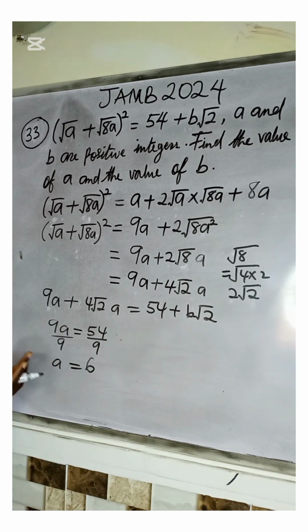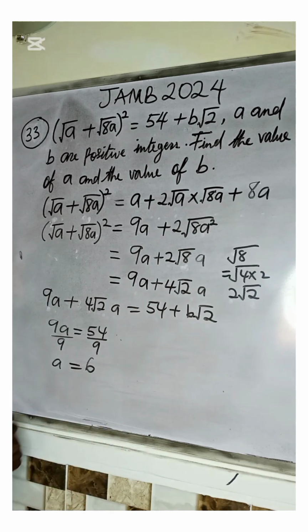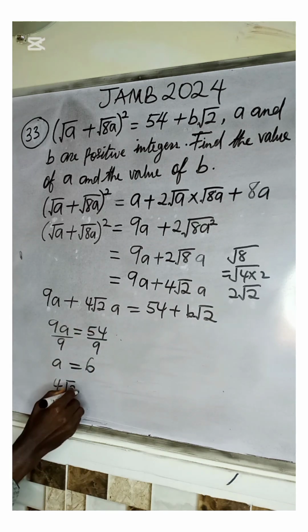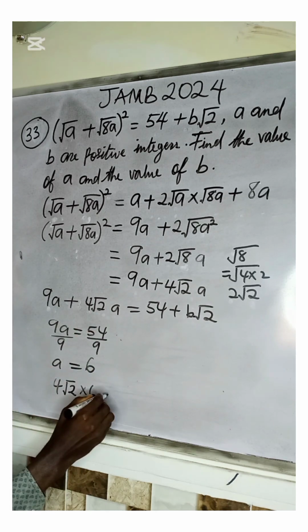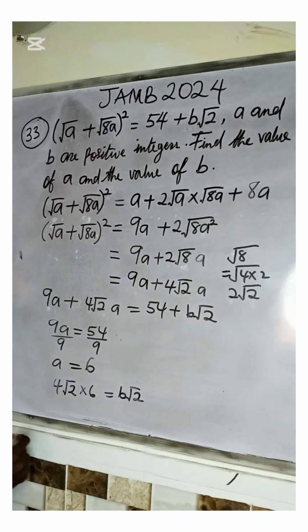Then to get the value of b, we compare this and this. So 4√2, but now we have the value of a as 6. So multiply by 6 equal to b√2. Now 6 multiplied by 4 will give us 24.